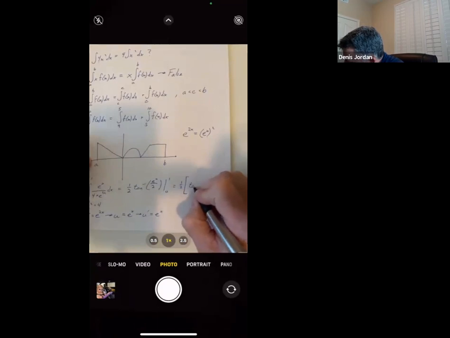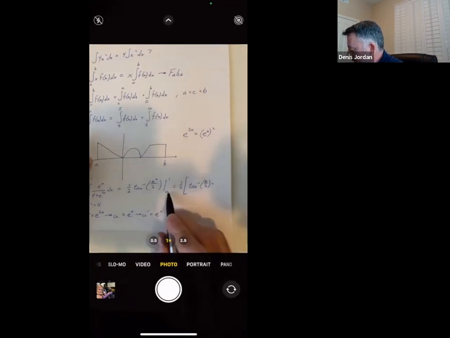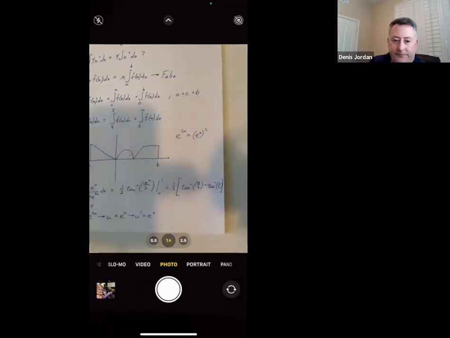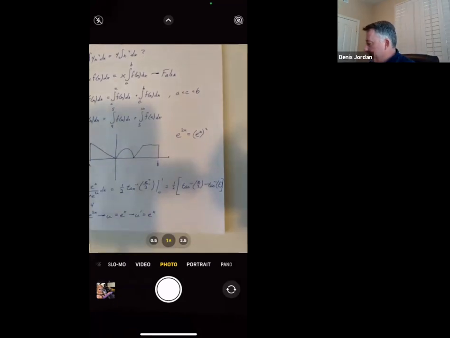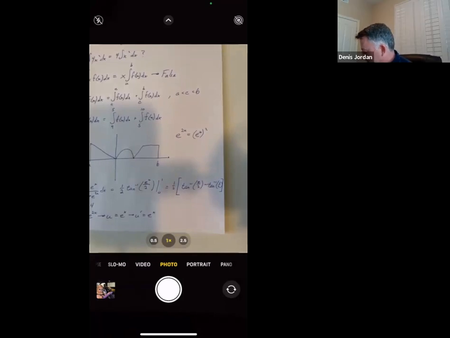So I'll plug in the 1, and then minus, plug in the 0. And that's about as far as you can take it, because there isn't anything on the circle that matches that, especially the e over 2.